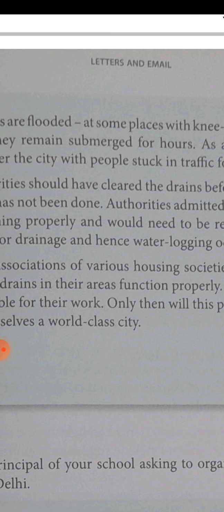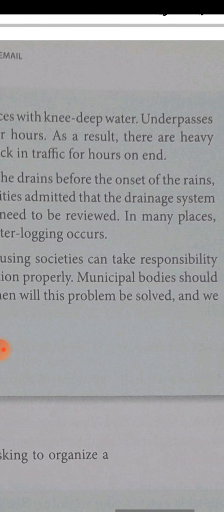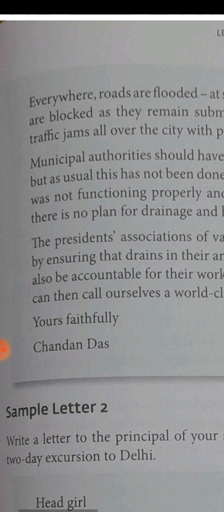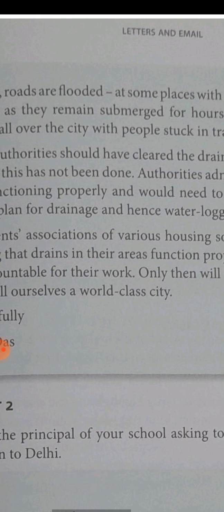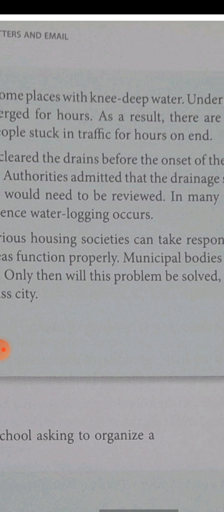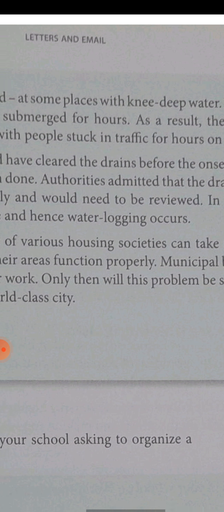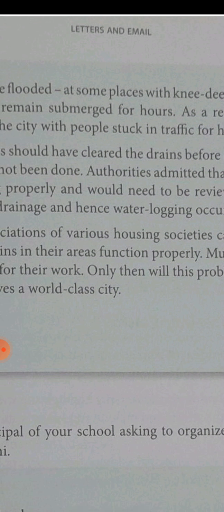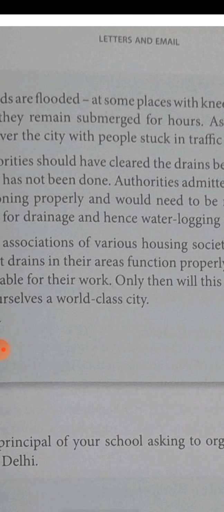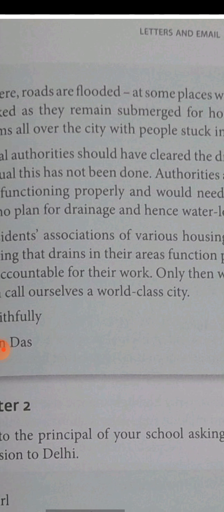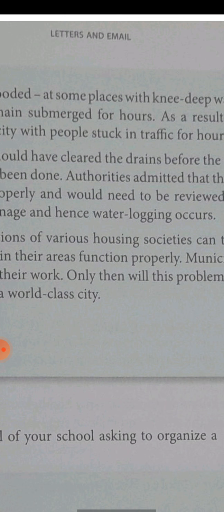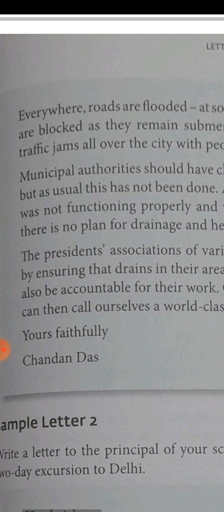So the underground passage is filled with water, so nobody can go from there as well. As a result, there are heavy traffic jams all over the city with people stuck in traffic for hours on end. So, because of this, the people get stuck in traffic for hours.